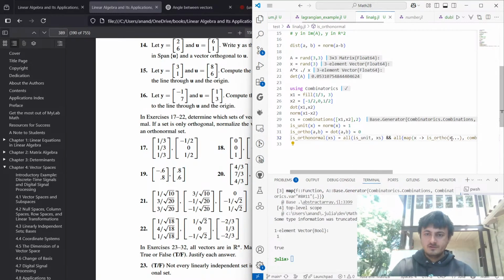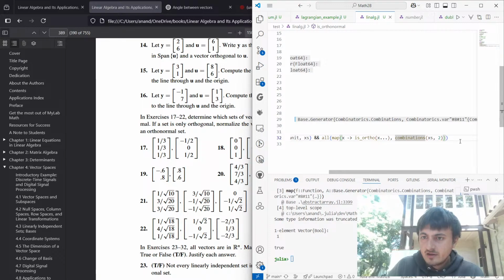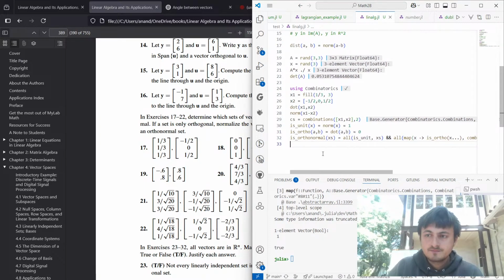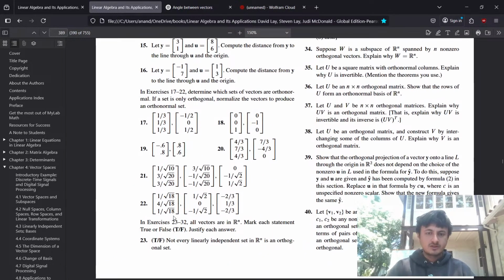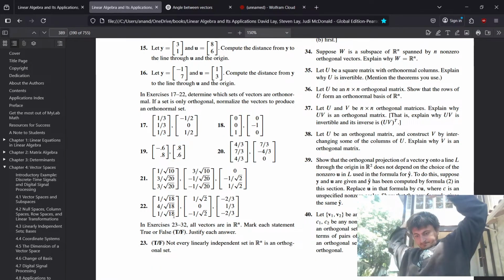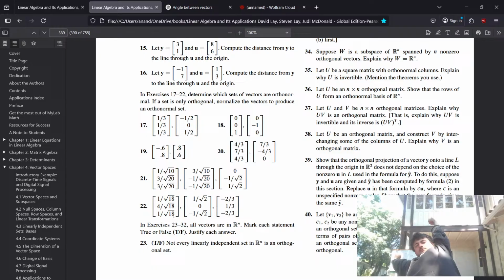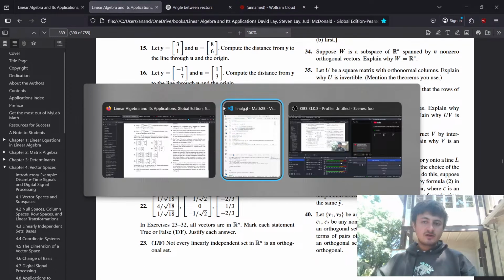All right, so that's the whole function. Is orthonormal is all unit and all pairs orthonormal or orthogonal. So that's that function. So there you go. So now we don't have to do any of these sections because we wrote the code to do it. We didn't do the normalized part, but that's easy. I think there's already a normalized function though.